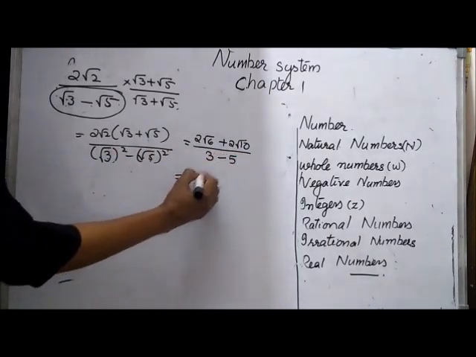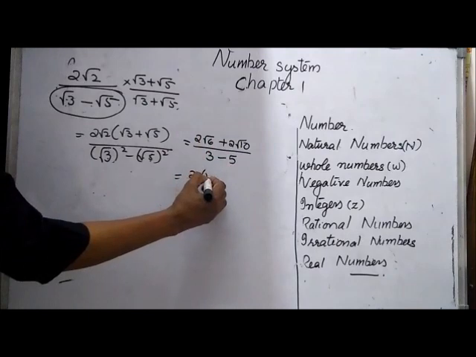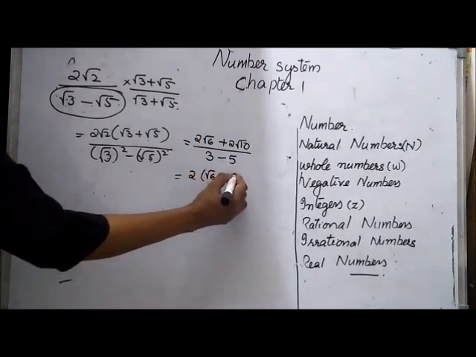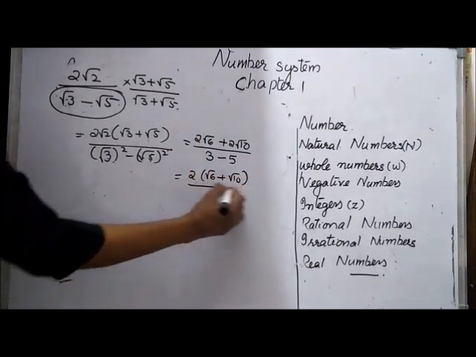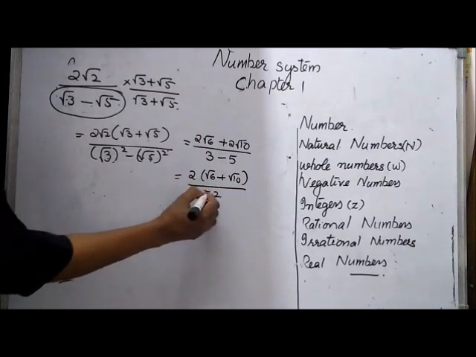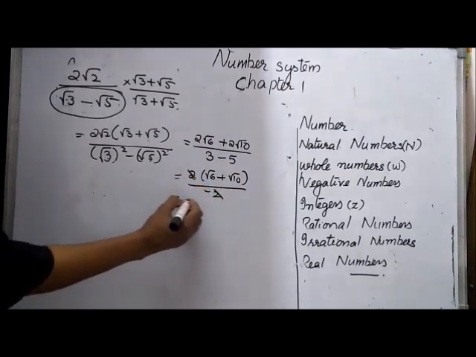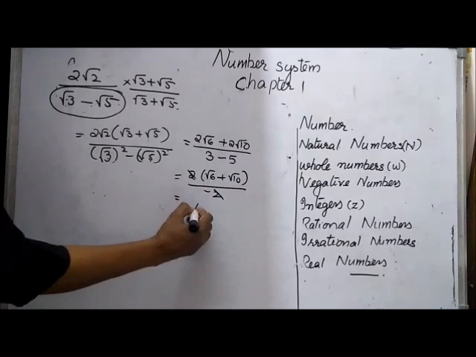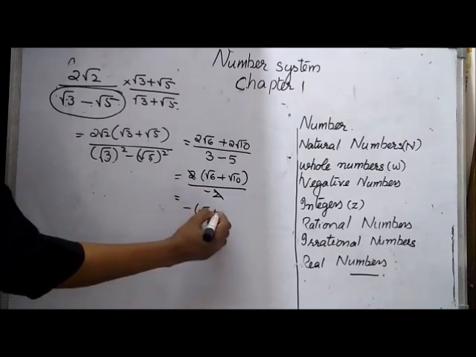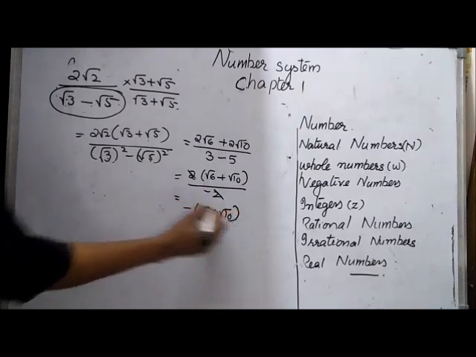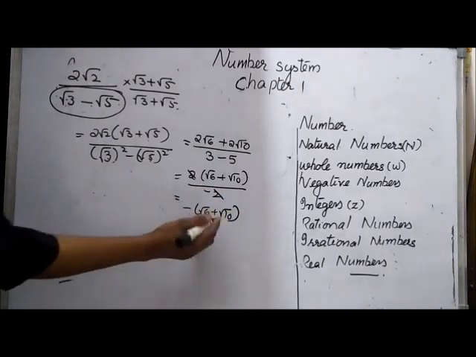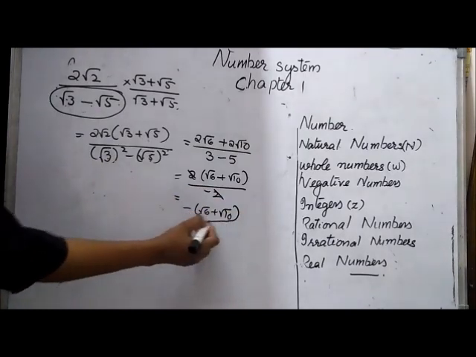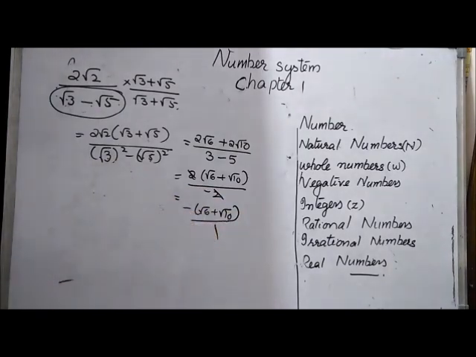Now here we can take 2 outside. So root 6 plus root 10 divided by minus 2. That is minus into root 3 plus root 10 is the answer. Now look at this answer here. The denominator is not containing any irrational number.